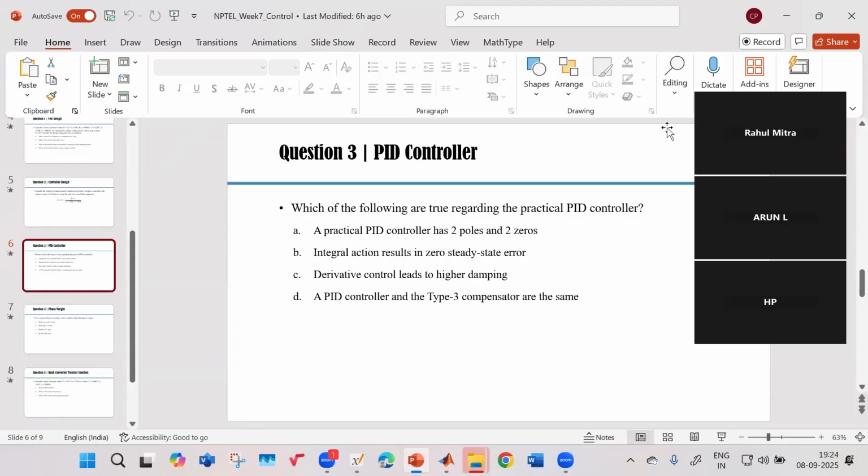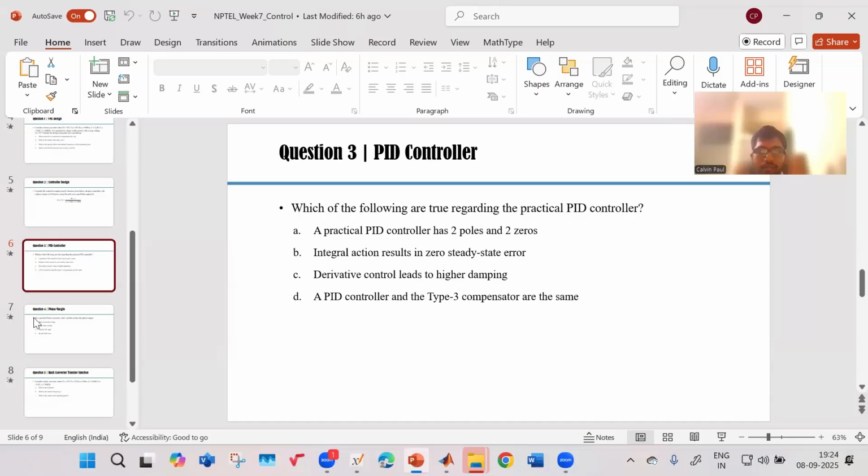Sir, A, B, and C. Yeah, correct. What's the issue with D? They are not the same, like PID and type 3. Okay, that's good.